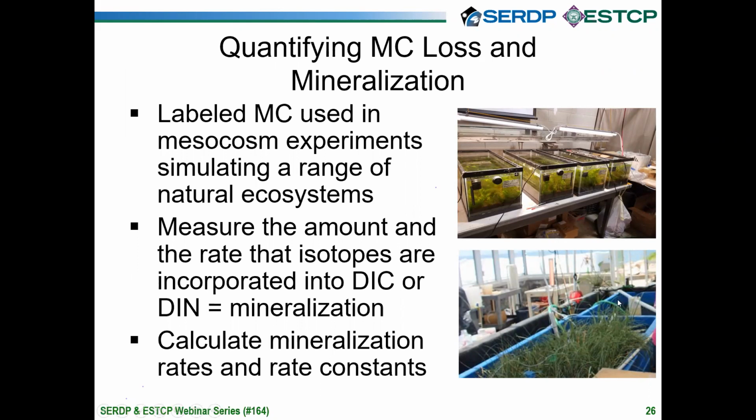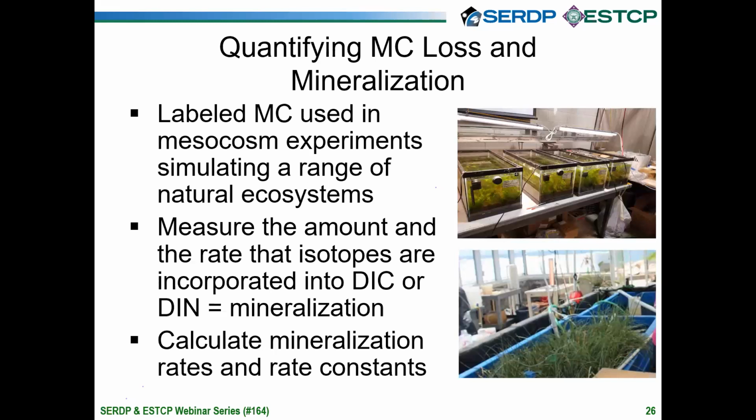Or sometimes we'll do very large mesocosms or ecocosms, like we have here, where we constructed an intertidal wetland in which we can manipulate the ecohydrology and get it to flood and drain and flood and drain like you would see in a natural environment.